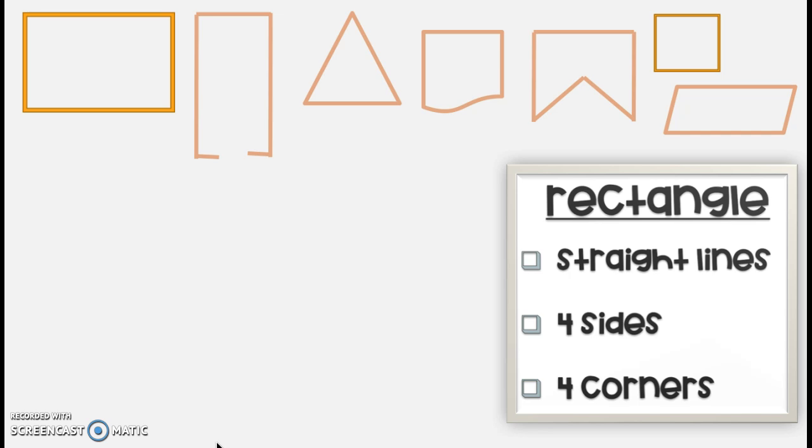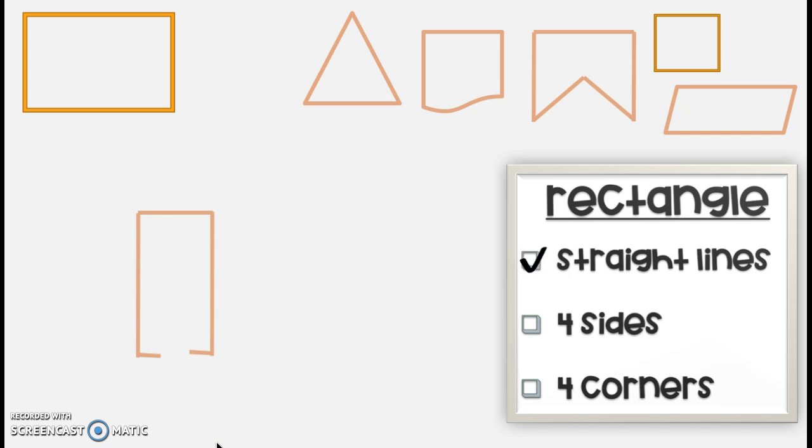All right. What about this one? Okay, what do you think about this one? Okay. Are there straight lines only? Yes, straight lines. Check. Are there four sides? Ooh, what do you think? I thought I heard some people say yes, but let's look. Okay, let's start here.